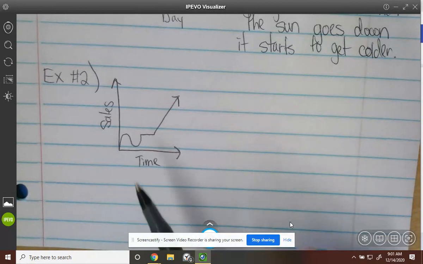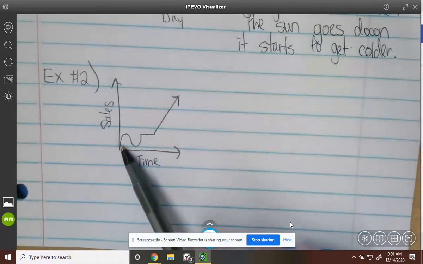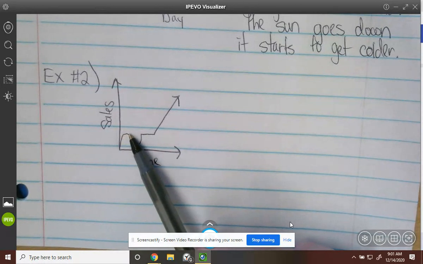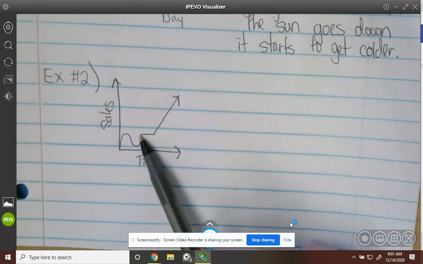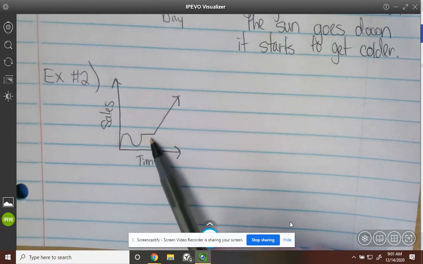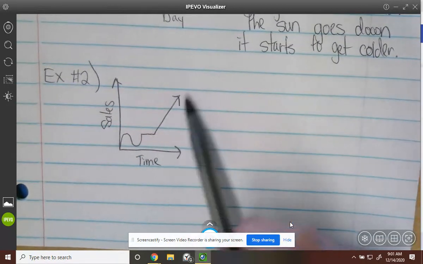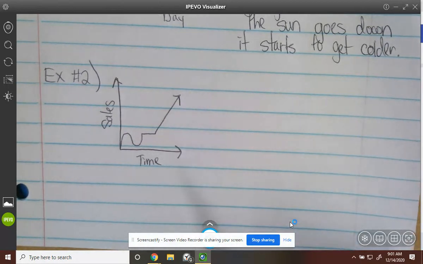Okay, I would say when the store opens, sales increase, then they decrease. They start to increase again, then they stay consistent, and at the end of the day, they increase by a whole lot. Like it really, really shoots up. So use those words increase, decrease, consistent, and you're probably going to be fine.